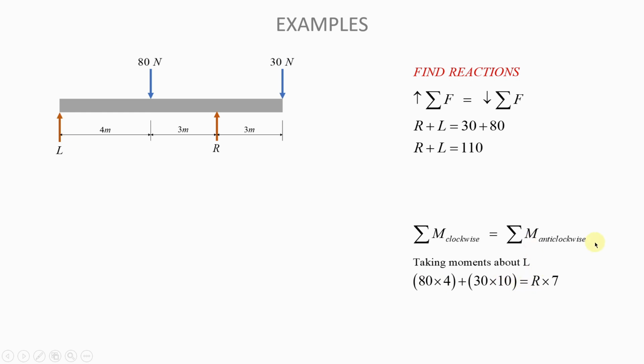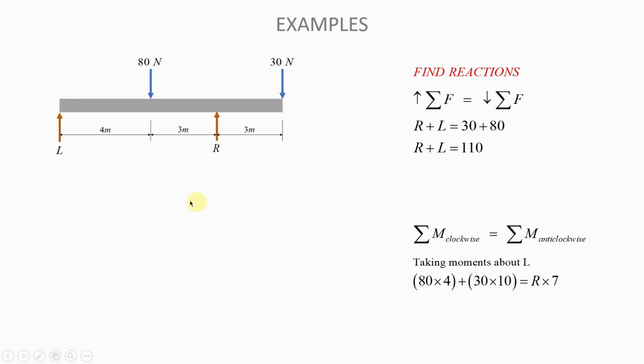And this must be equal to the sum of anti-clockwise moments. Now, if you look at this beam here, if we're taking our moments about L, the only force that is creating an anti-clockwise moment is the reaction R. And so this here will be an anti-clockwise moment. Again, you can think of this beam as a ruler.